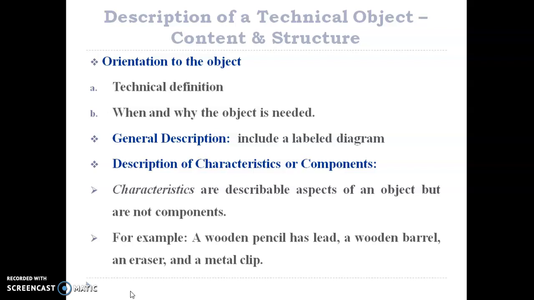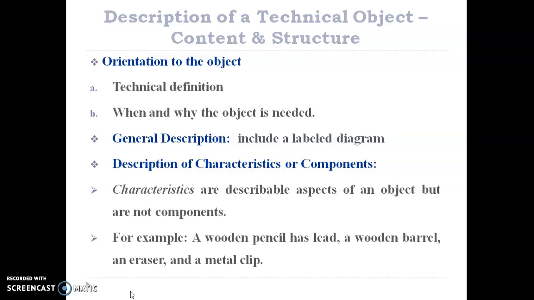So you can say a wooden pencil has 4 components, but we don't call them characteristics. These will be the components. Alright, so in the description of characteristics or components, you can describe both or either of the two as per the demand of the object description, or as per the purpose of object description.